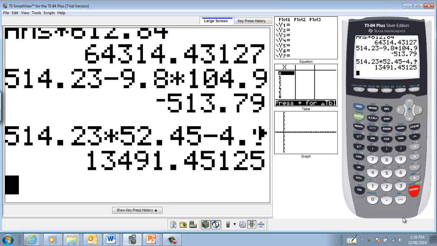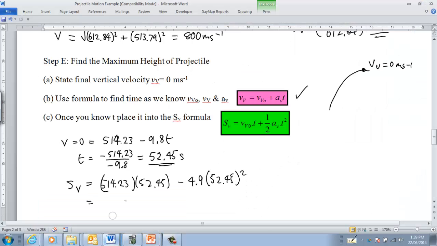And we press equals, so that tells us 13,491.5, which is approximately equal to 13.5 kilometres. Okay, that's our approximate answer there.